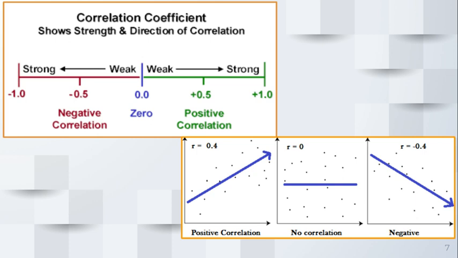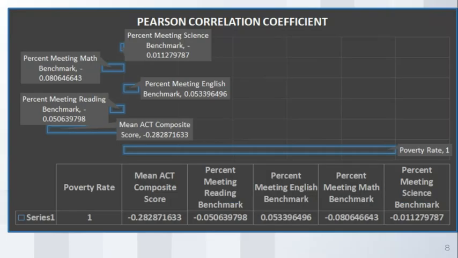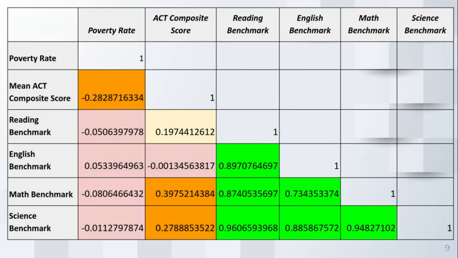So we know, at least from that information, that as the poverty rate goes up, we can expect ACT composite to go down, but it's a weak relationship. But the relationship that is there is negative, so it's going to go down. They're going to work opposite of each other. Poverty rate goes up, mean ACT will go down. But this is not a real strong relationship.